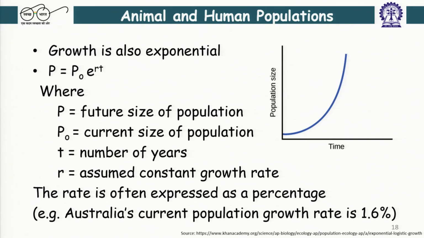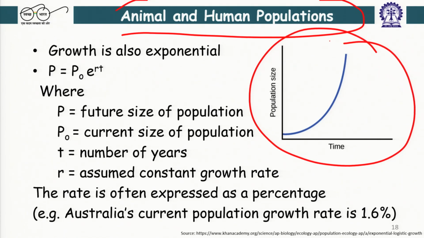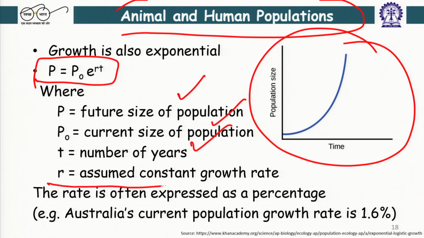If you look at animal and human population over time, with the x axis as time and the y axis as population size, growth is P = P0 e^(rt), where P is the future size of the population, P0 is the current size of the population, t is the number of years, and r is the assumed constant growth rate.